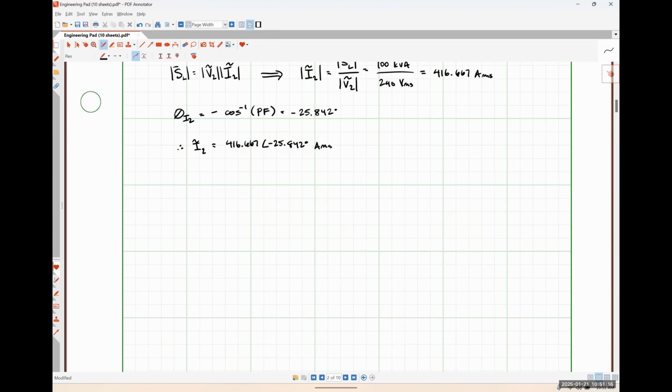And so from here, we can say that V1, whatever that happens to be, and that's what we're trying to find, is V2 plus I2 times REQ low voltage plus j XEQ low voltage. I'm going to put LV there so that we're consistent.